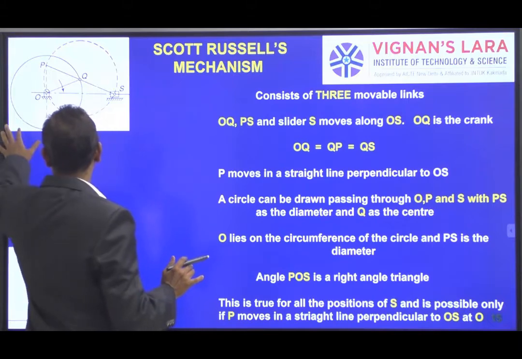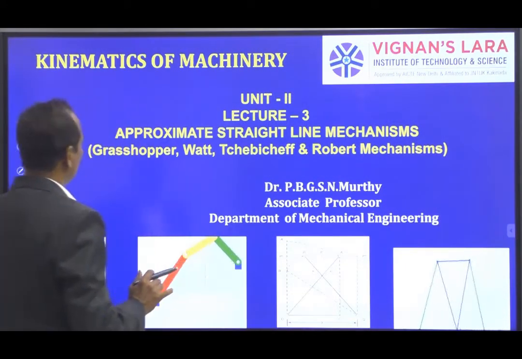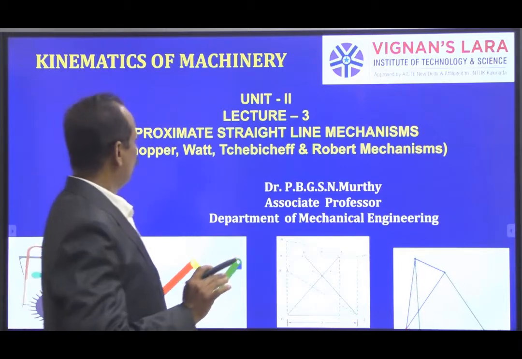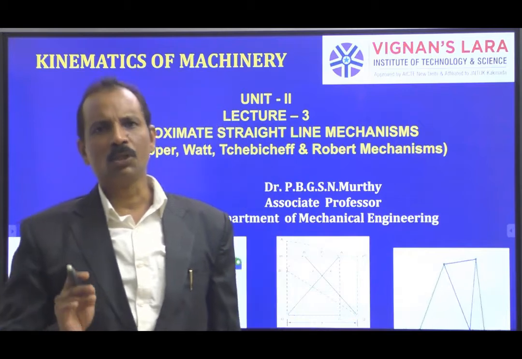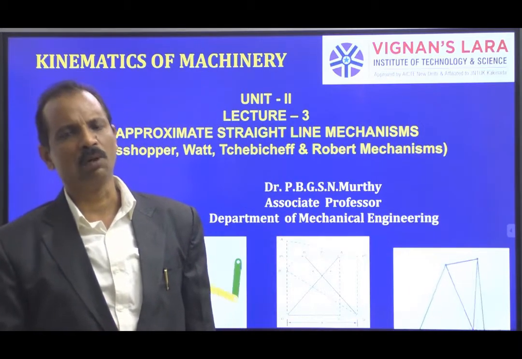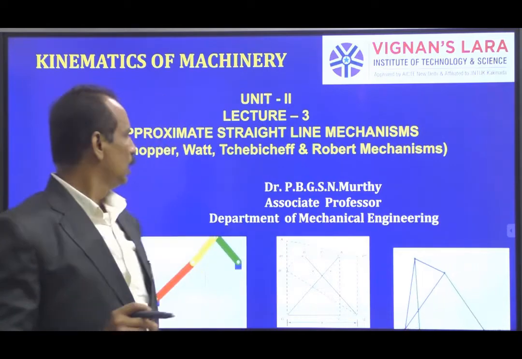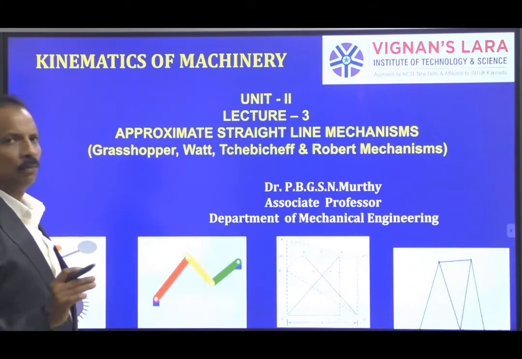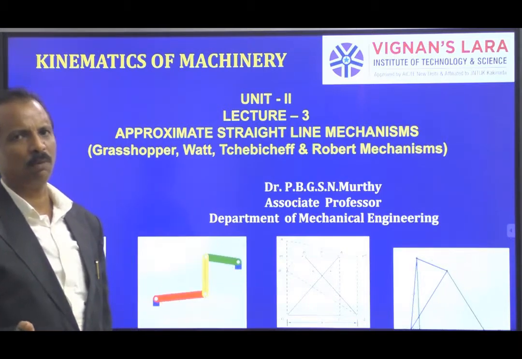That difficulty can be overcome with a mechanism called the modified Scott-Russell mechanism. So we will see that first. Actually that is not in our syllabus, but we should know how the Scott-Russell mechanism problem can be overcome by a modified Scott-Russell mechanism, and how a Grasshopper mechanism can be developed with the help of it.